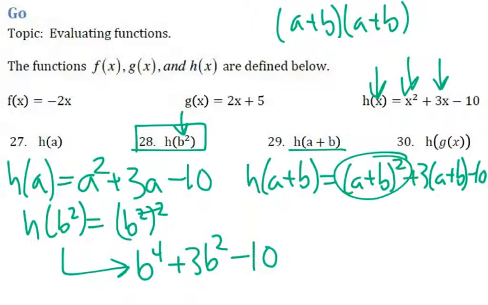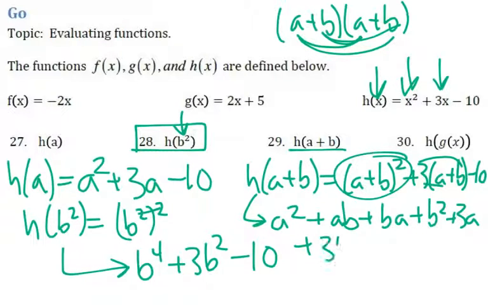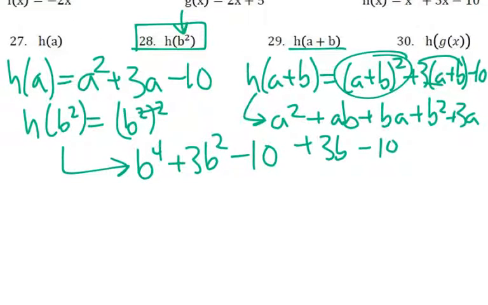So if you remember FOIL or double distribution, we'd go a times a, and get a squared, plus a times b, ab, plus b times a, plus b squared, plus 3a, plus 3b, minus 10. Okay?